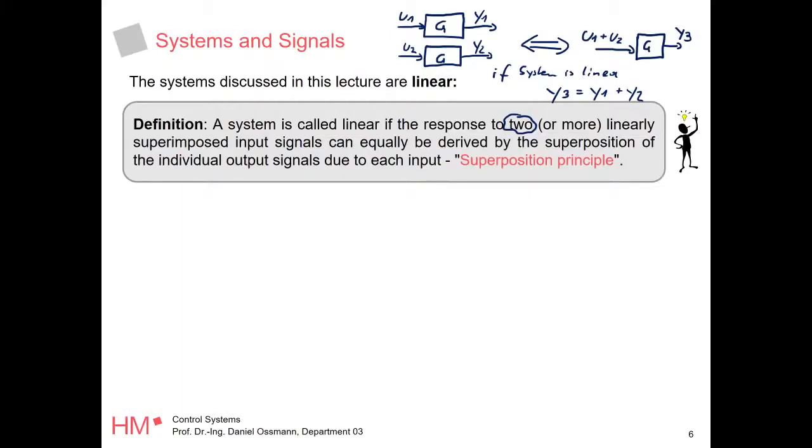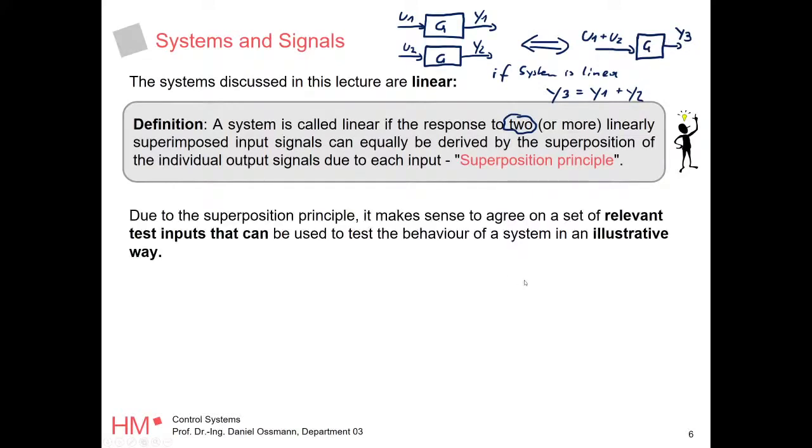And this is pretty strong, because we don't need to do this complex experiment on the right-hand side where we add all this crazy stuff. We only need to do each experiment independently, and we know we can just add these 2 signals and still come to this signal Y3 here. This is all what the superposition principle says.